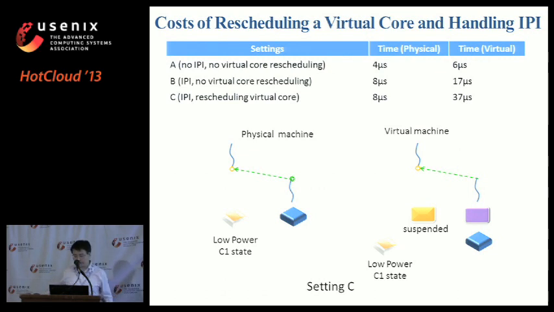So you see that it takes 37 microseconds on a virtual machine to wake up the thread. So it's much higher than 17 microseconds. So we can estimate the cost. It's like 10 microseconds to handle the IPI and another 20 microseconds to reschedule the virtual core. So this significantly increases the cost to wake up a thread and the cost to do synchronization.